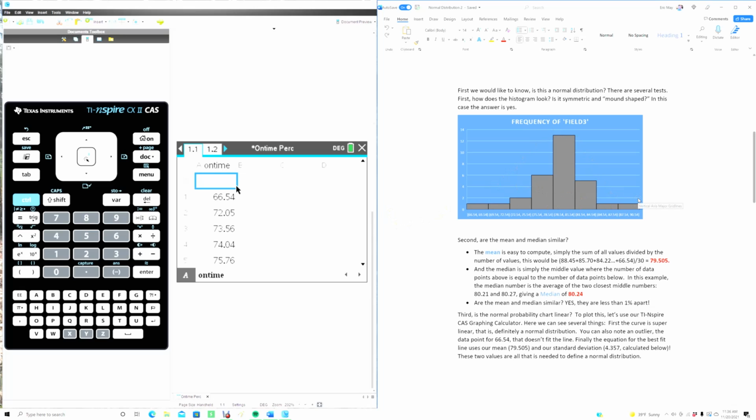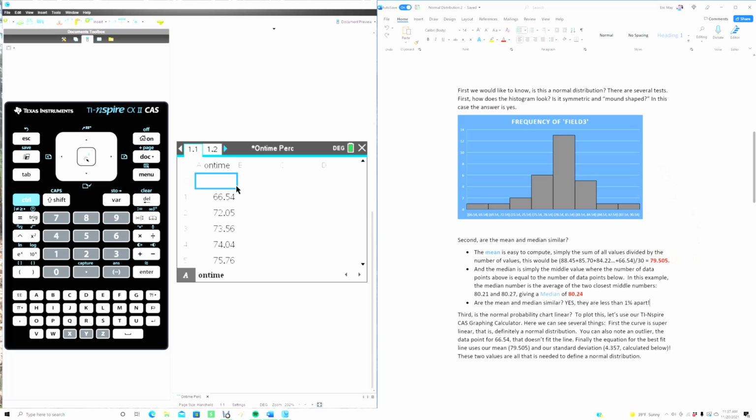To go into a little more detail, we can ask, are the mean and the median of this distribution similar? Now, the mean is easy to compute. It's simply the average, which is the sum of all values divided by the number of values. In this case, 88.45 plus 85.70, and so on, down to 65.54. Add all those together, divide by 30, and you get the answer of 79.505. That's the mean. The median is even simpler to compute.